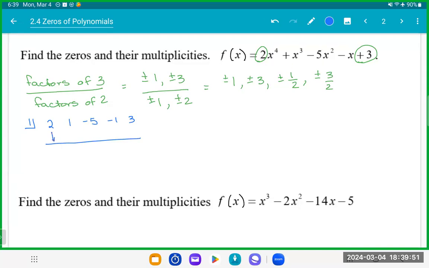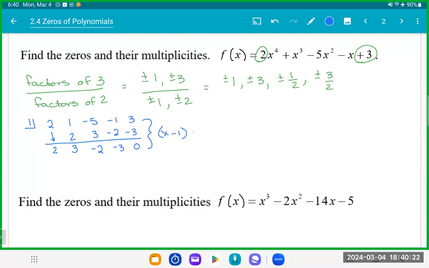So we're going to bring the 2 down, and that gives us 2. 2 times 1 is 2, plus 1 is 3. 3 times 1 is 3, plus -5 is -2. Times 1 is -2. When we add that to -1, that gives us -3. Times 1 gives me -3. That's a 0. Because that ended in 0, that means that x minus 1 is a factor, right?